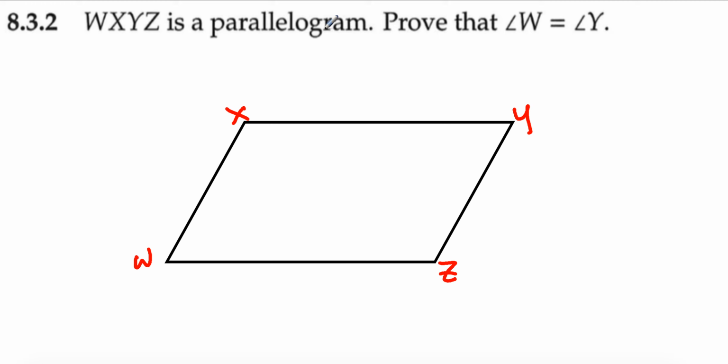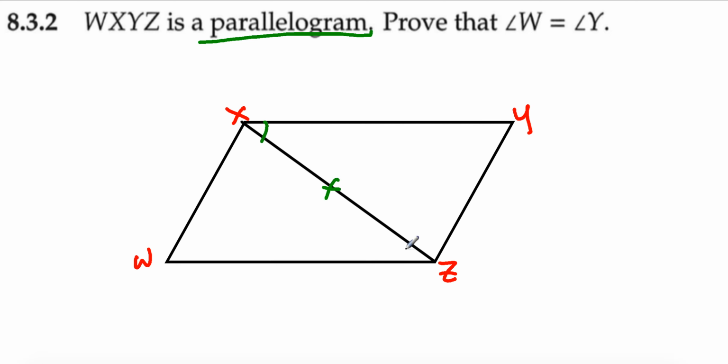But if I don't use that, for example, if I were to only use the definition of a parallelogram, meaning opposite sides are parallel, what I could have done was, as you have discussed in class, just draw a diagonal and then state that, hey, this is a reflexive.